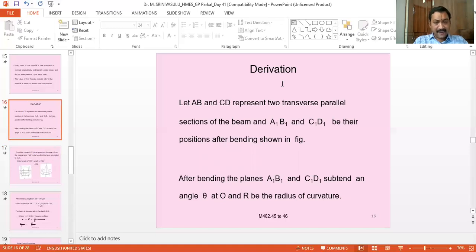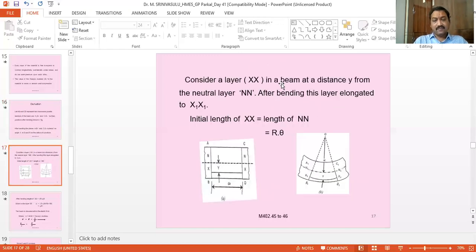Now after bending, the planes A1B1 and C1D1 subtend an angle theta at the point O, and R be the radius of curvature. So up to here we have studied.